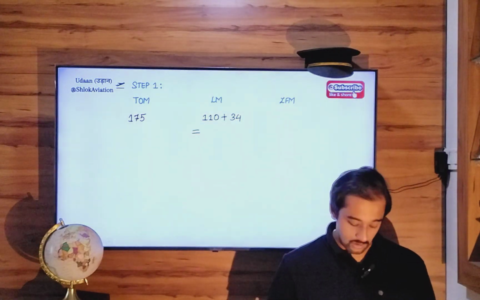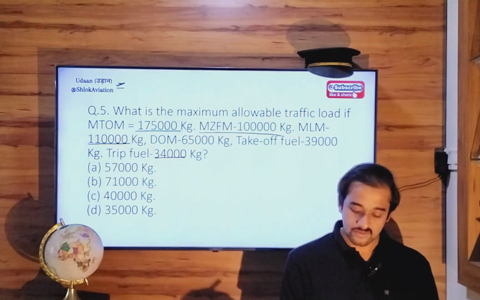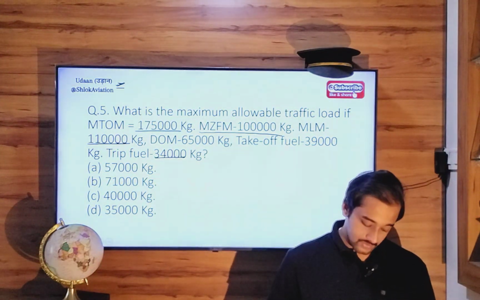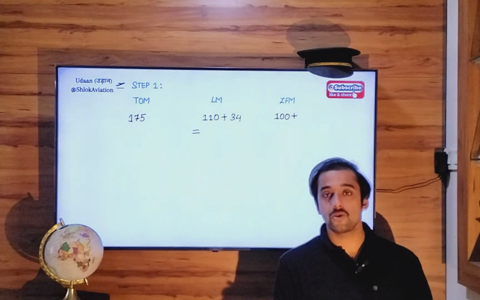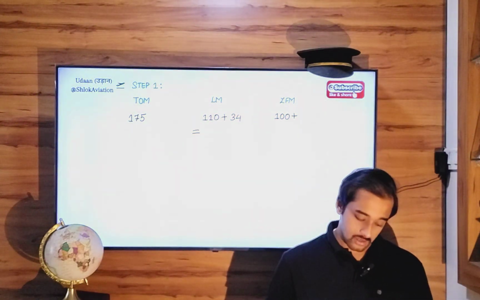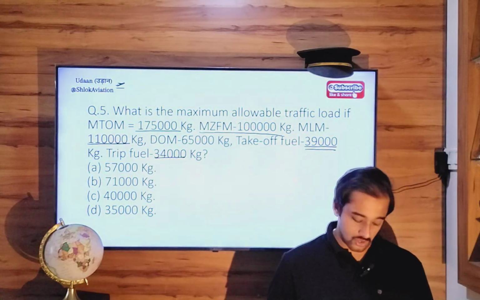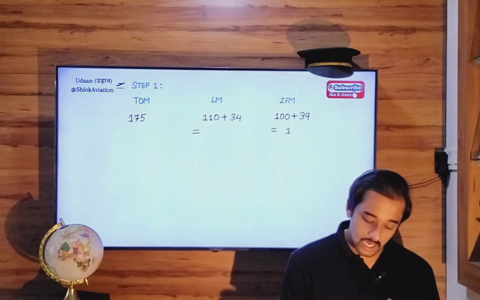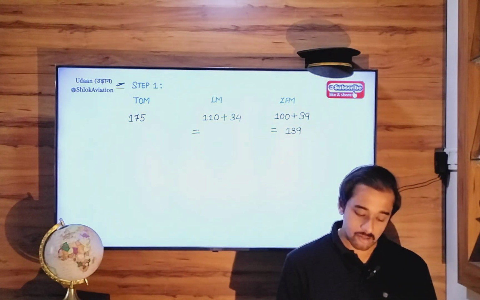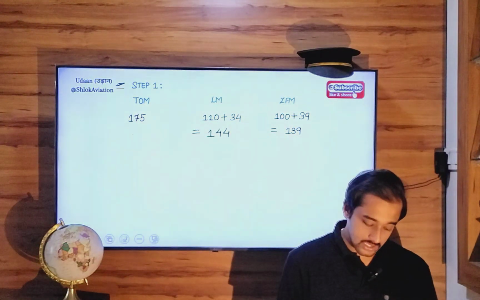In the column of zero fuel mass, you will write the maximum zero fuel mass, which is 1 lakh. So write 100 plus takeoff fuel, or fuel on board, which is 39,000. So write 39. 139 is the answer here. 110 plus 34 is 144, and this is 175.